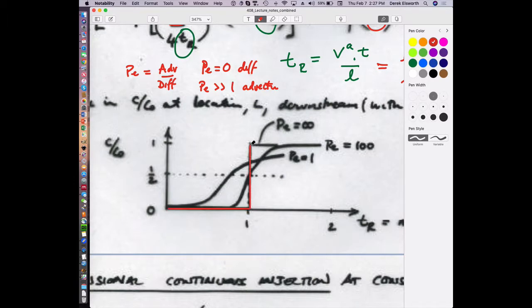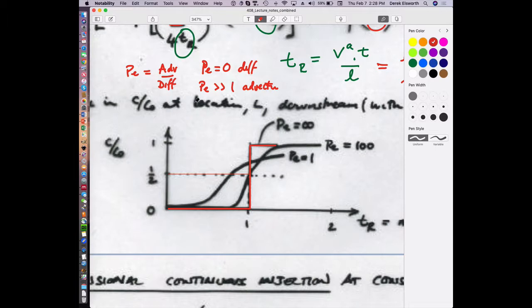So at 1 pore volume, it arrives at the downstream. It exactly carries the front, which is not diffused in any way, and all of a sudden the concentration goes up from 0 to 1. As a consequence of that, the 50% mark is also at that point.